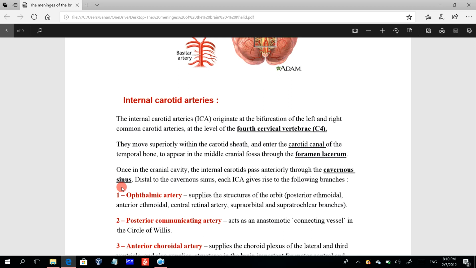This sinus is a small space containing venous blood, at the lateral side of the body of the sphenoid bone, just below the sella turcica, on the sides of the sella turcica. On the right and on the left side of the sella turcica, we have this cavernous sinus. So the internal carotid artery, when it enters the middle cranial fossa through the foramen lacerum, will enter the cavernous sinus.